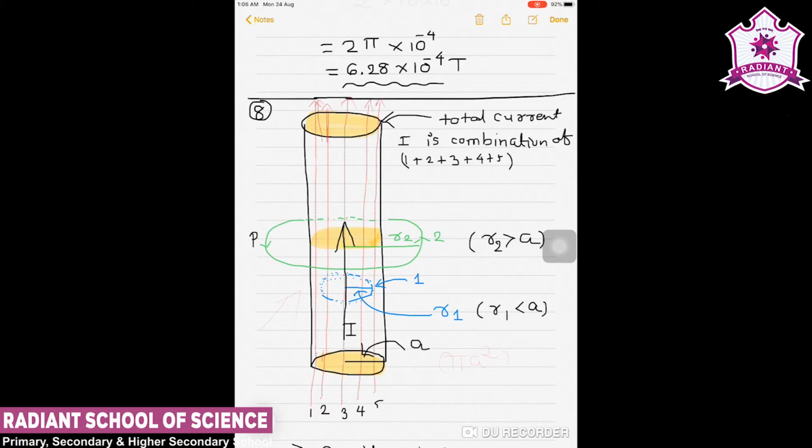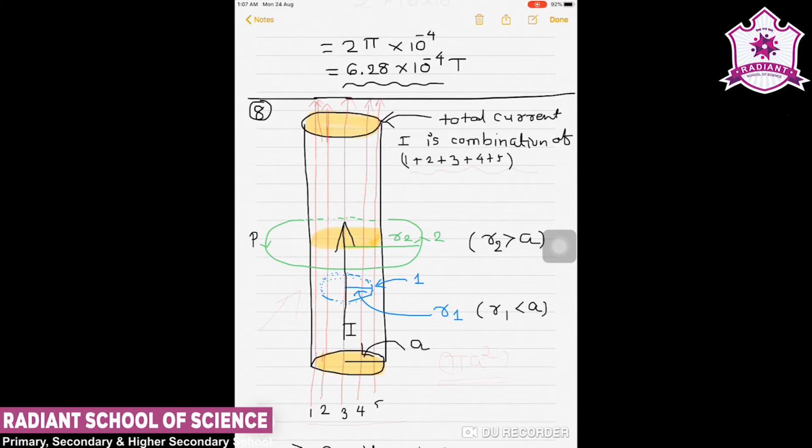This is the pi a square, the cross section of the wire, through which the current I is passing. As shown in the figure, 1, 2, 3, 4, 5 are those cross section parts, and these are the uniformly distributed currents. So these 5 lines combine and make the total current I.